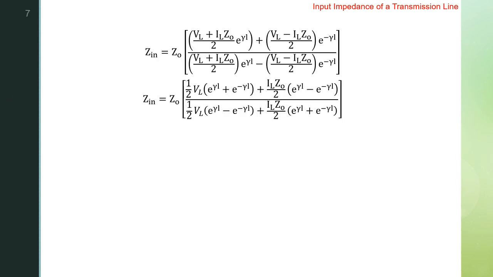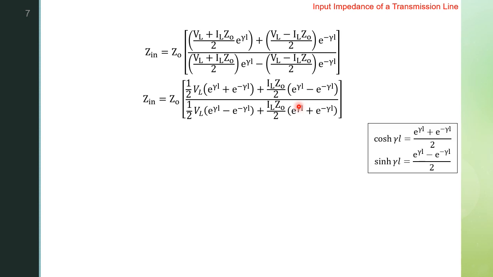We have got the expression as this. Now we have got a term (e^(γL) + e^(−γL))/2, and here we have (e^(γL) − e^(−γL))/2. When you consider the expressions for hyperbolic sine and hyperbolic cosine, sinh γL can be written as (e^(γL) − e^(−γL))/2, and cosh γL is (e^(γL) + e^(−γL))/2.